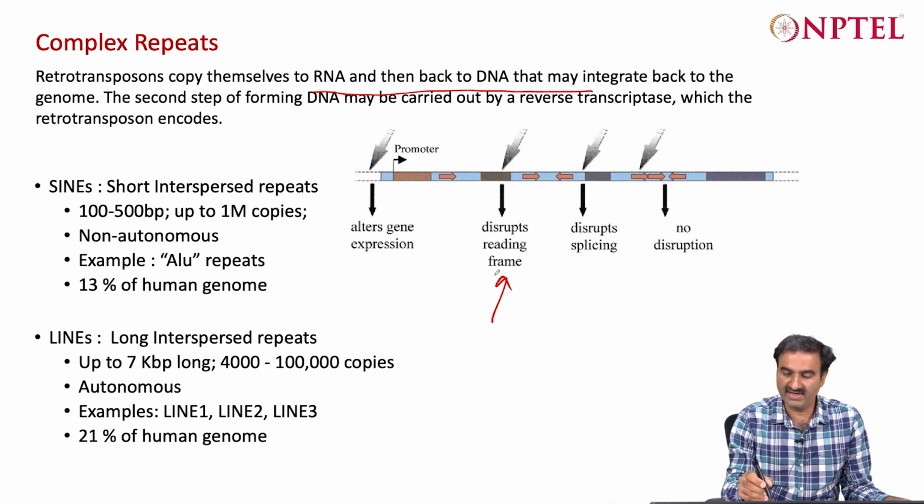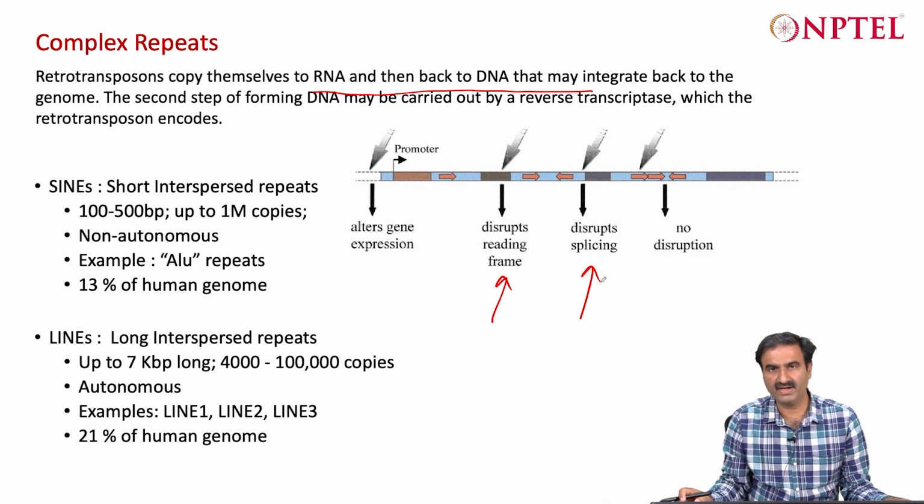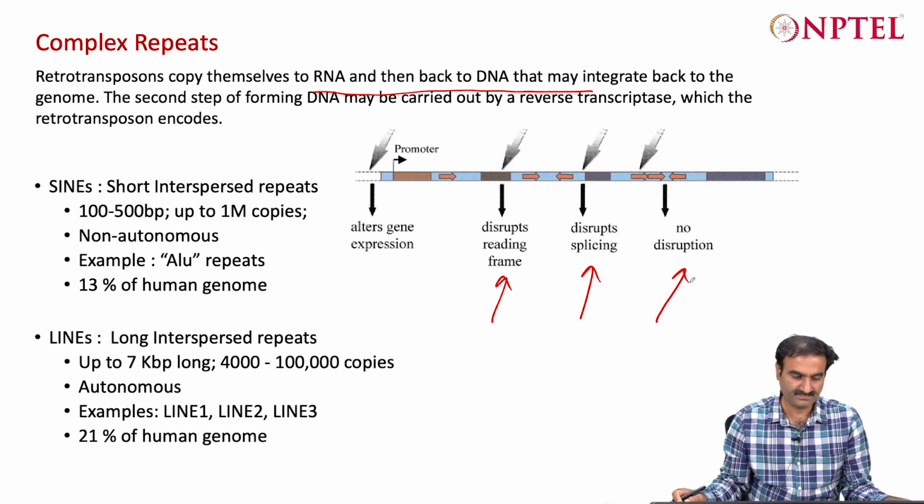So if they get inserted in the middle of the reading frame, they will disrupt it. They can also disrupt the splicing pattern by getting inserted into canonical splice sites. Or they may get inserted into repetitive regions themselves, which should not impact function.